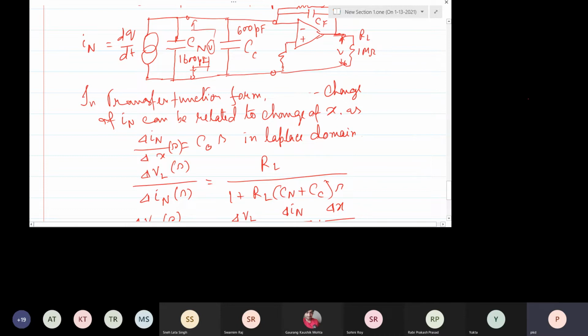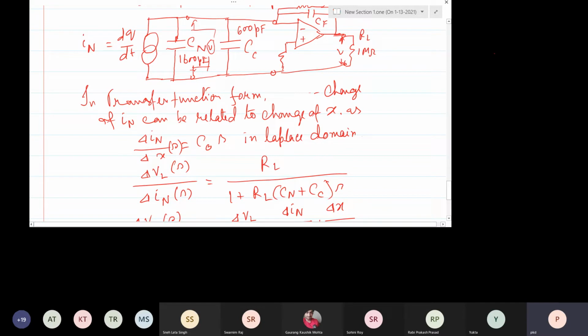And then if CF is just transferring this voltage to this point, then we have RL here. So RL divided by 1 plus RL times (Cn plus Cc) is coming as delta VL by Vn.